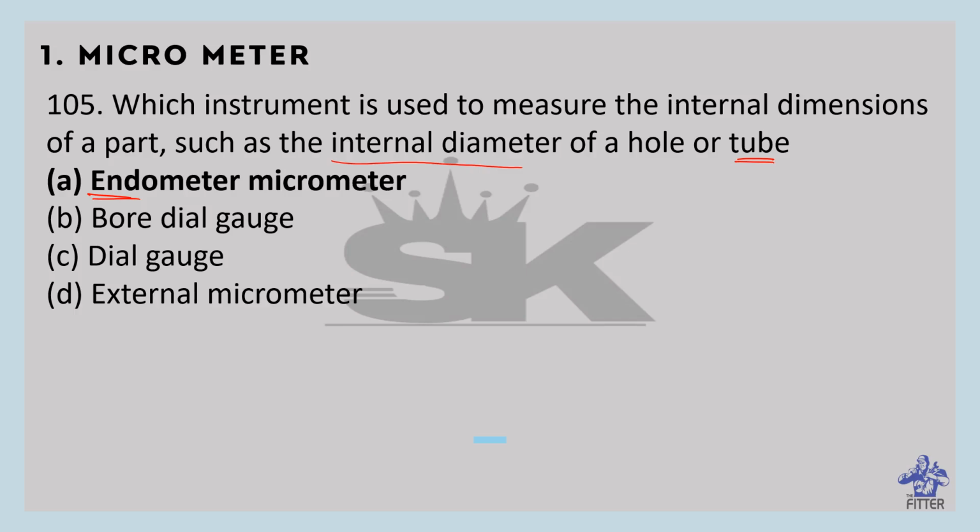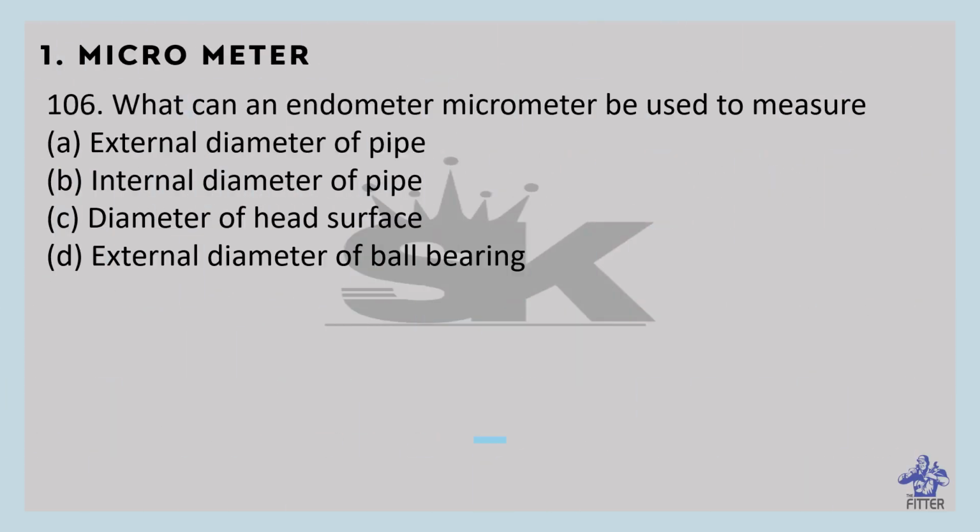So option A is the right answer. What can an endometer micrometer be used to measure? Internal diameter of a pipe. Okay, so endo here means internal, right? Inside.